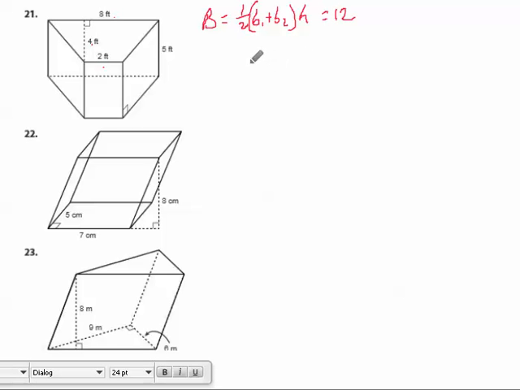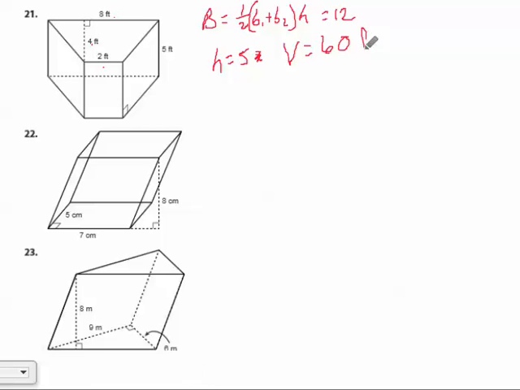Okay, that's my base. My height of the prism is 5, and so my total volume is 100. 5 times 20, 100. Cool. Let's look at this one down here.